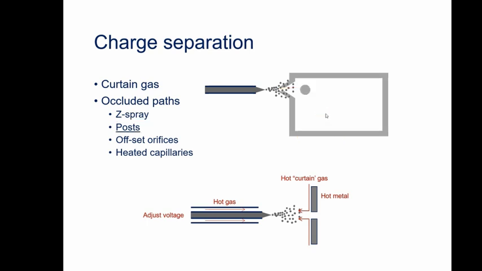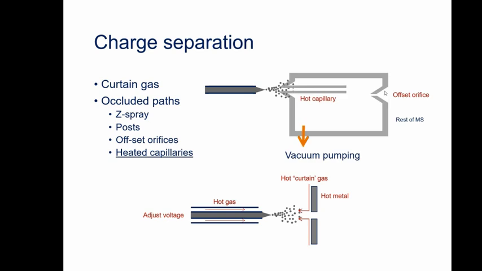Other instruments use a post, and the idea here is that the droplets will just splatter on the post, and ions will be able to move around it into the instrument. Some companies use bent RF-only quadrupoles, so the ions follow the path around the quadrupole into the mass spectrometer, while the droplets continue straight on and are lost in the pumping path.